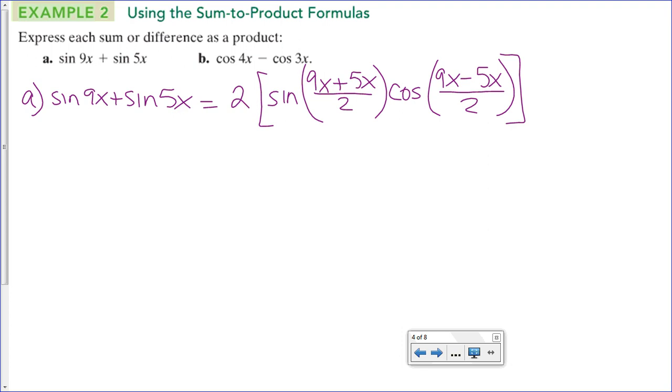We work from the inside out. So this will be the sine of 10x over 2 times the cosine of 4x over 2.